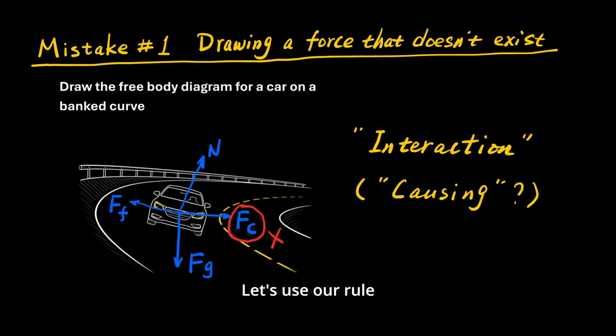Let's use our rule. Where does it come from? Does it come from the road? Does it come from the earth? Does it come from the engine? No, none of them. It comes from nowhere. And that's the problem. Every force on a free body diagram must come from a real physical interaction.